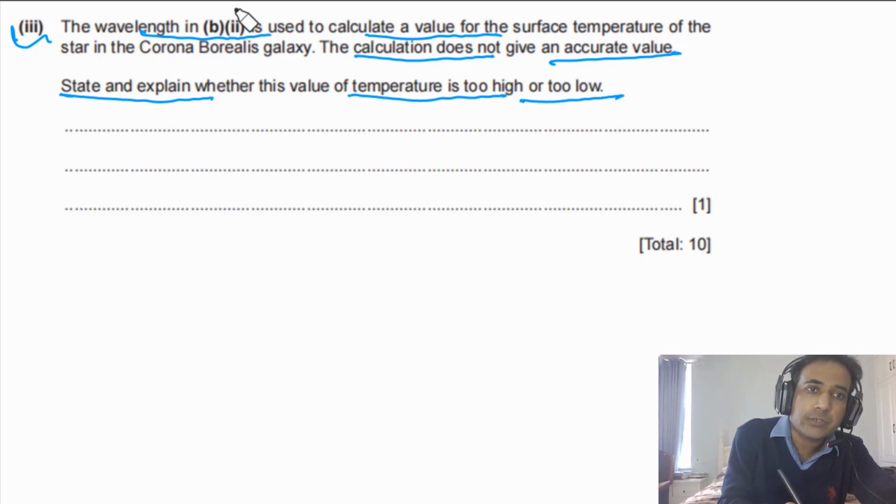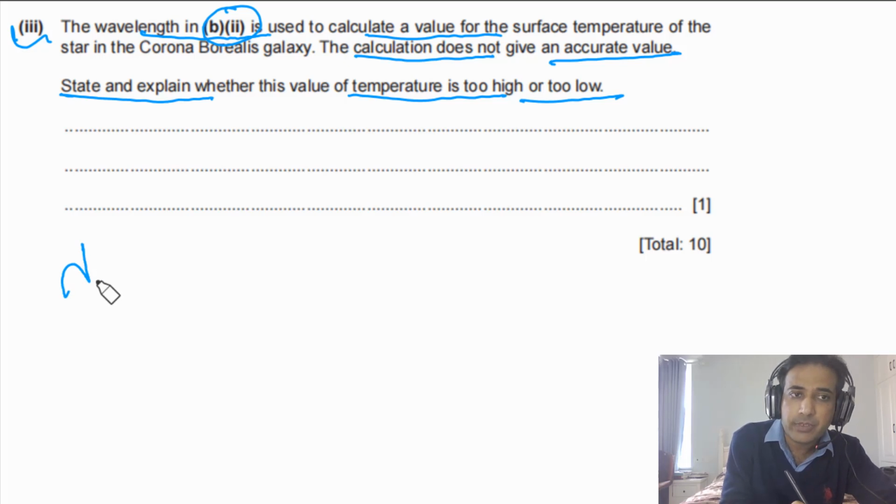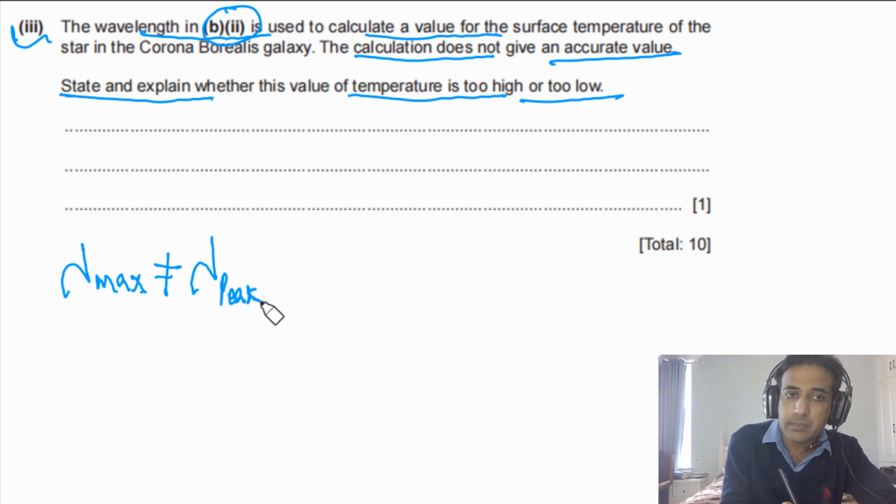First of all, we need to understand the value of lambda we have calculated in the last part. That value is the maximum value, and that maximum value actually is not the peak value. So it's not equal to the lambda peak of the intensity against lambda curve.